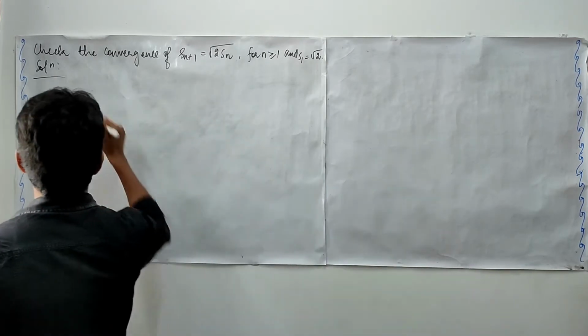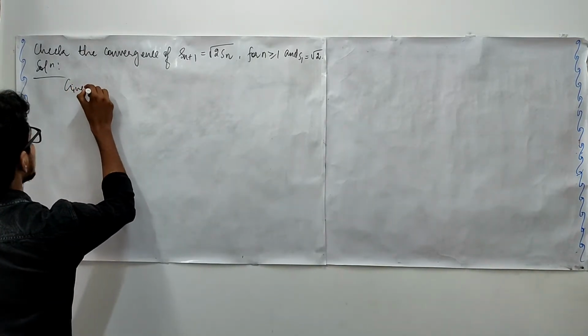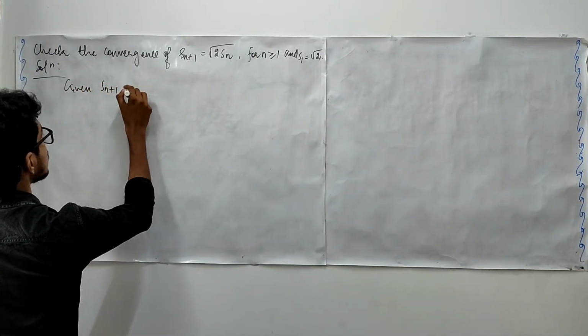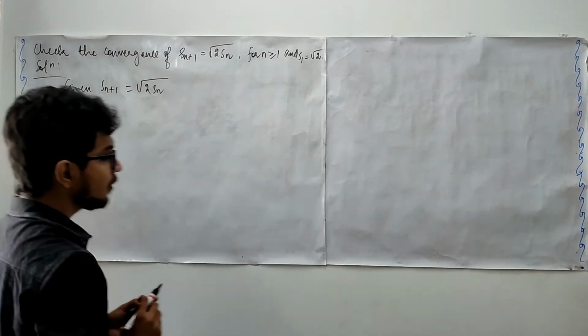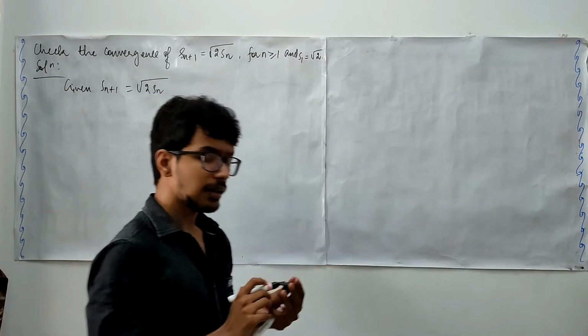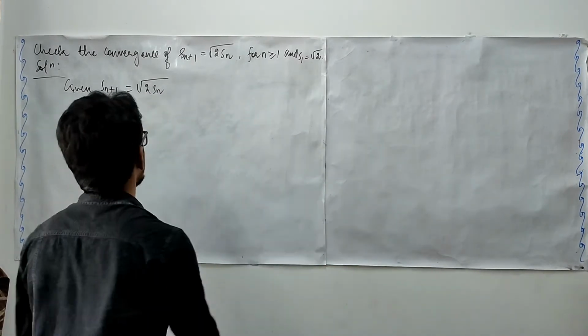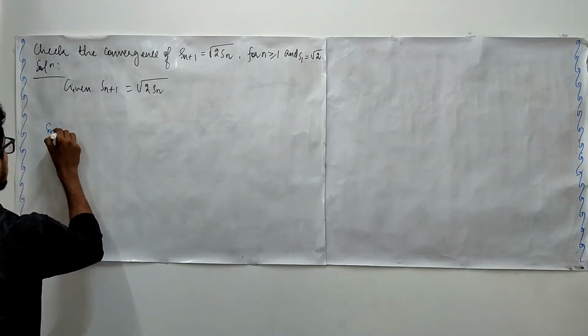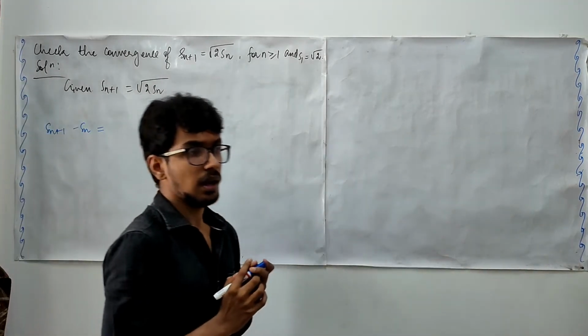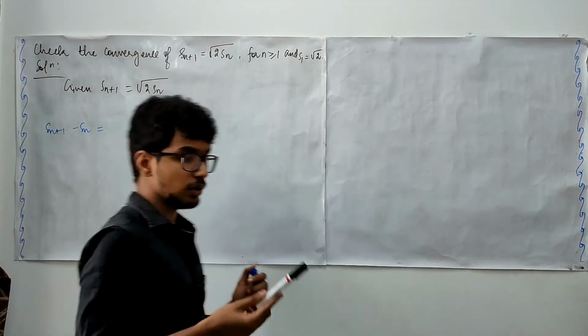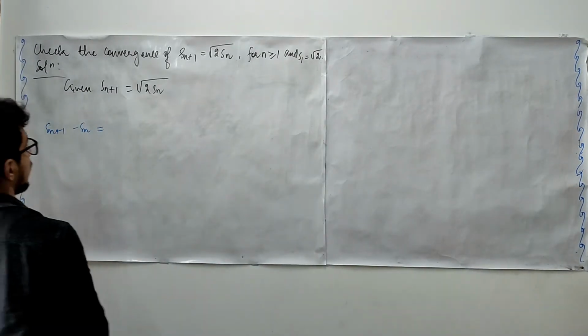Okay. What is given? We are given that Sn plus 1 is under root 2 times of Sn. Right? We will have to find out what? In order to check the monotonicity, we need Sn plus 1 minus Sn. This is what we need, right? In order to get that, we are just going to square it.